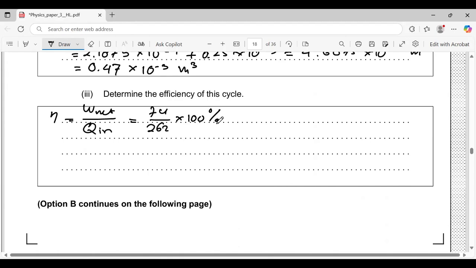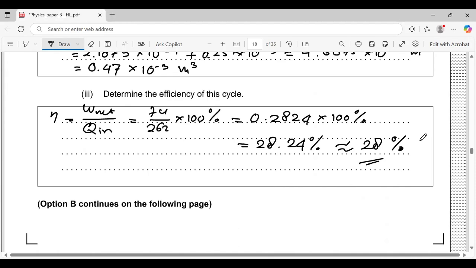Because efficiency is in percentage, we got 0.2824, or 28.24%, or about 28%.